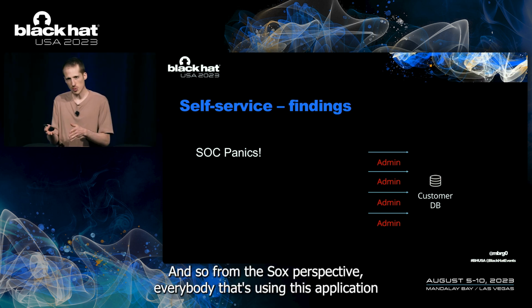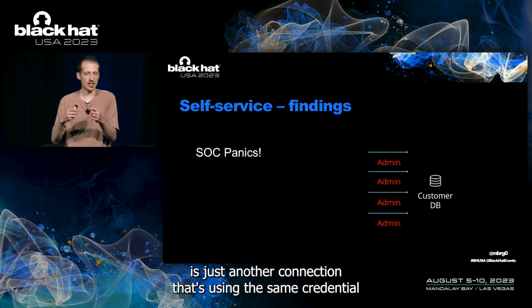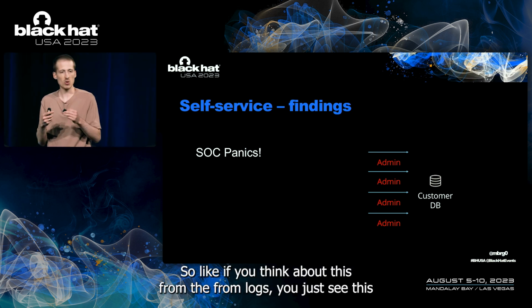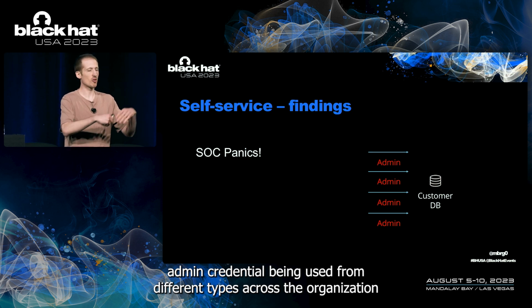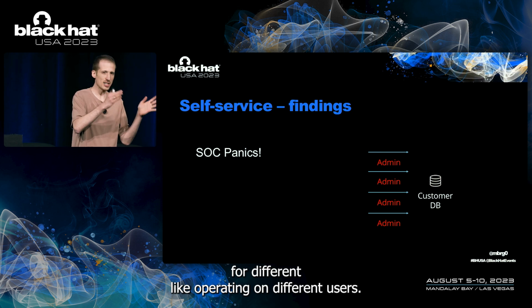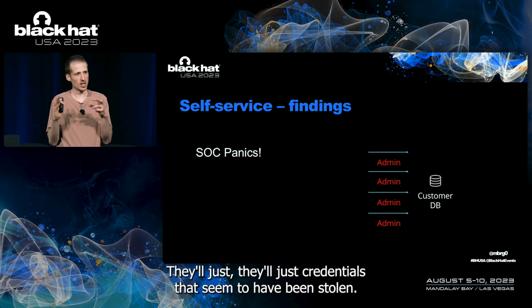So from the SOC perspective, everybody using this application is just another connection using the same credential to reach out and take ownership over automation. If you think about it from logs, you just see this admin credential being used from different IPs across the organization, operating on different users. There's no app from the SOC perspective. They're just credentials that seem to have been stolen.